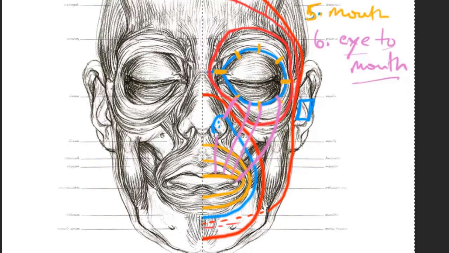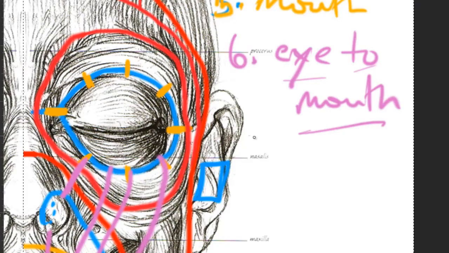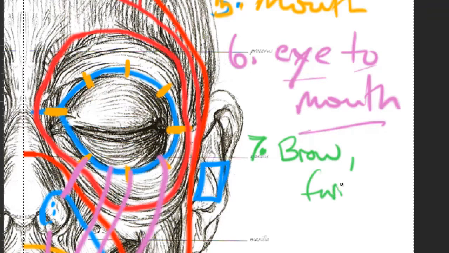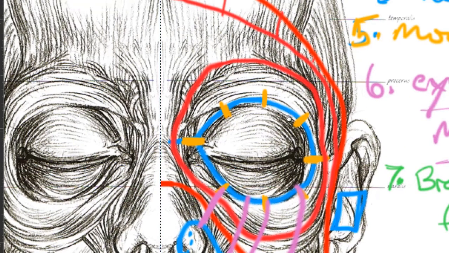Okay, another one. I'm running out of room here, so let me just make this a little bit smaller. Number 7. This one is the brow. Furrowing the brow. So the brow edges really are just more face loop edges, really. There's about 7 of them.